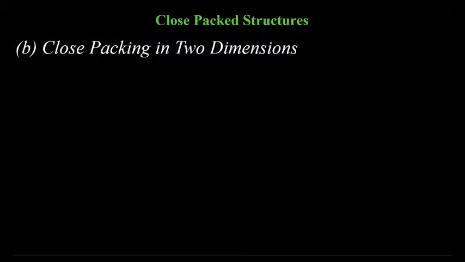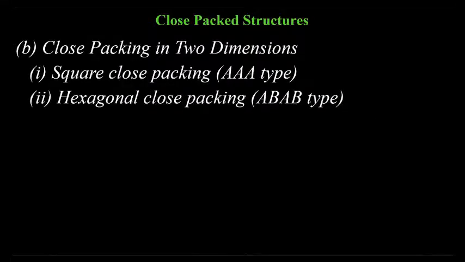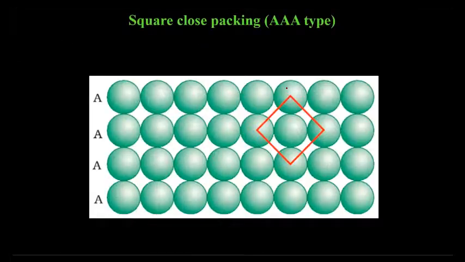In two dimensions, there are different possibilities. And these different possibilities are termed as AAA and AB. Why? I'll tell you. So AAA is that if similar linear units are one over the other.